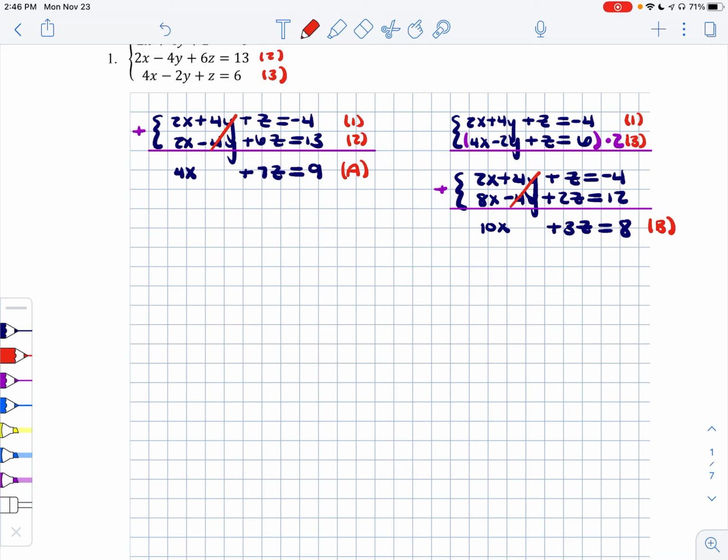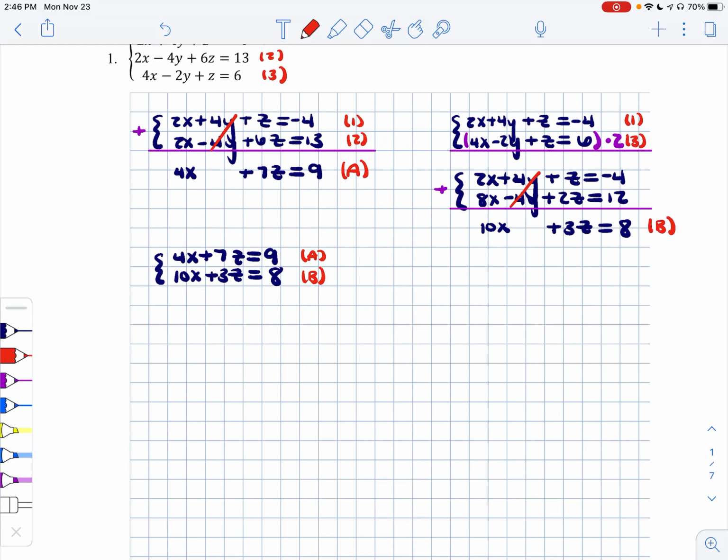Okay, so if we put these two new equations together, we have 4x plus 7z is equal to 9, and 10x plus 3z is equal to 8. That's our equations A and B together.